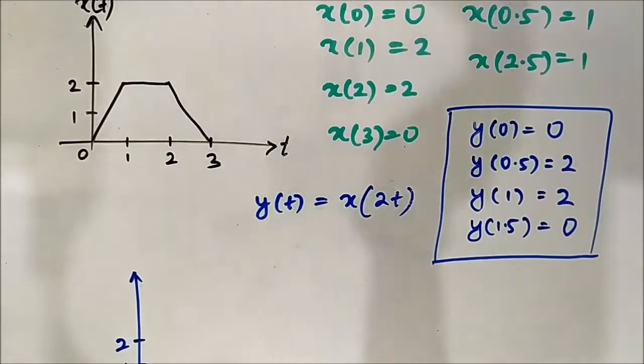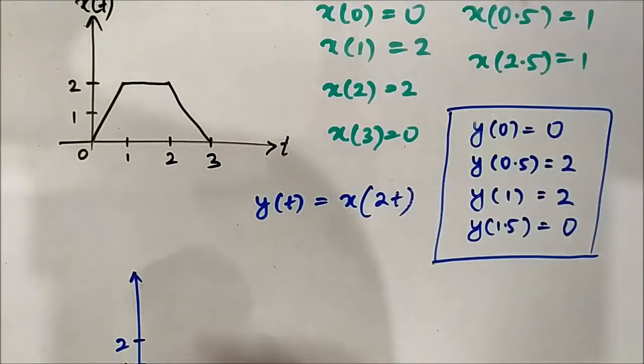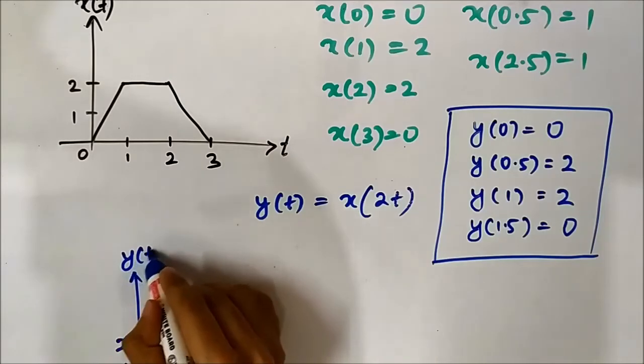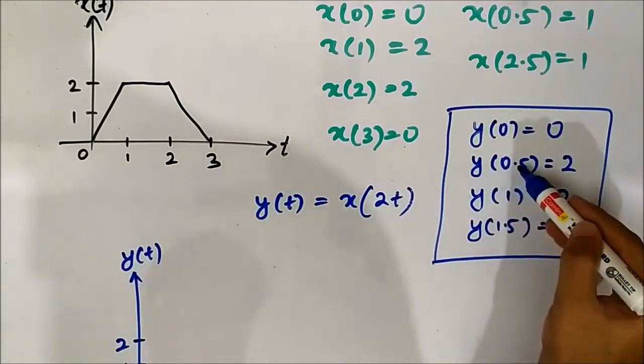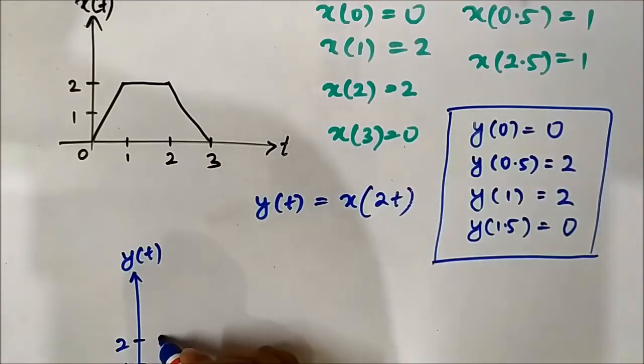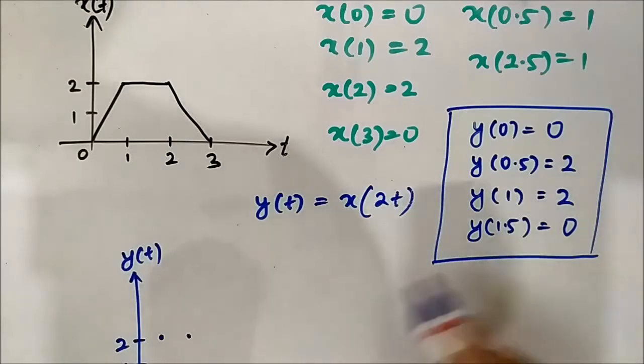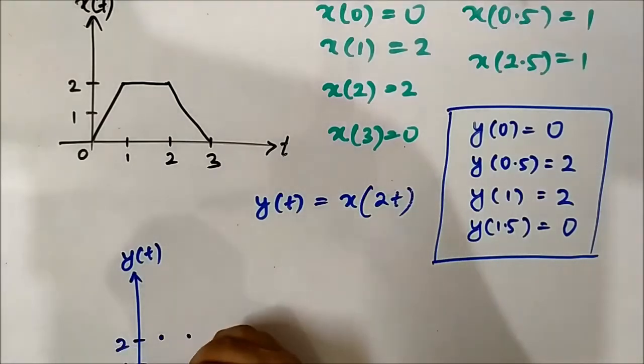Okay, y0 is 0, y0.5 is 2, y1 is 2, y1.5 is 0. So now we'll join them.